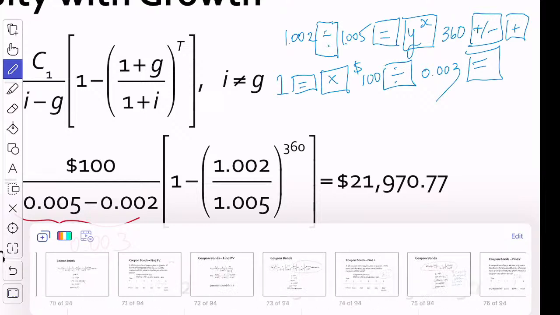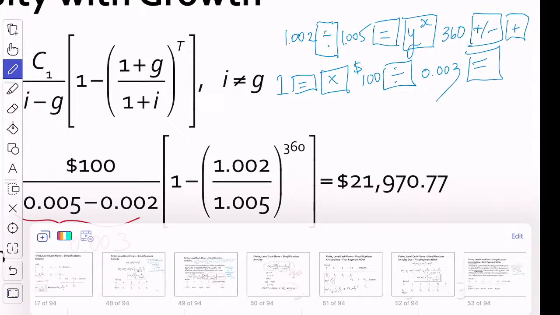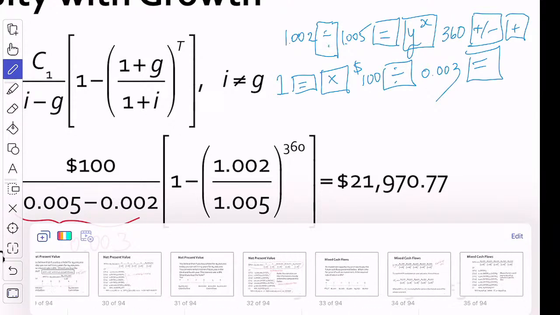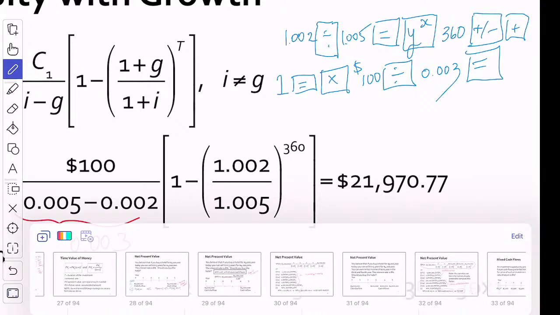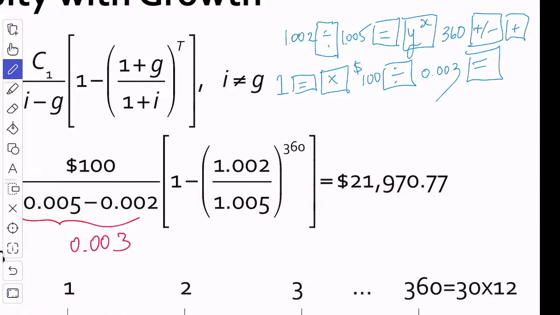Make sure you did this setting. I don't know if that's going to change it, but maybe make sure your calculator is not in begin mode. That would make it bigger. Make sure BGN is off. Do you see BGN on your screen?